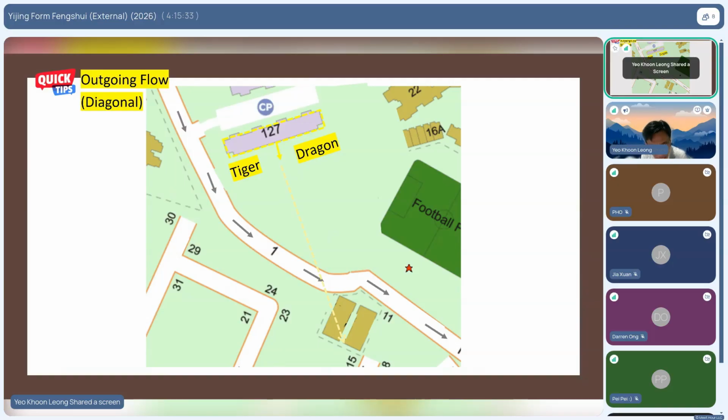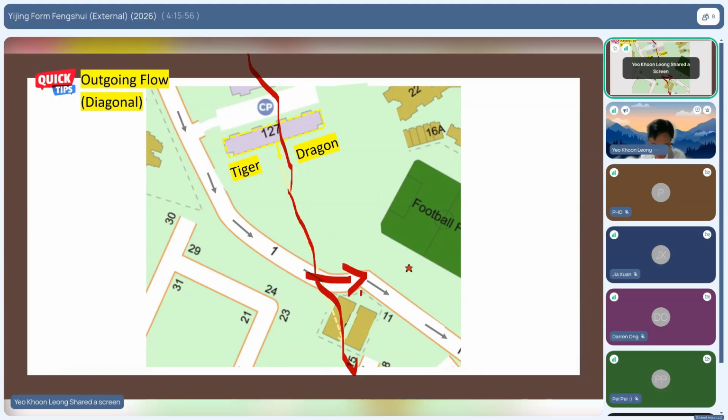Then it cuts across. Can you see the front arrow? I extended the yellow line like that, so that you know where is the median line. So the right tiger water flow flows to the front, and at some point in front, it cuts over to the dragon side.